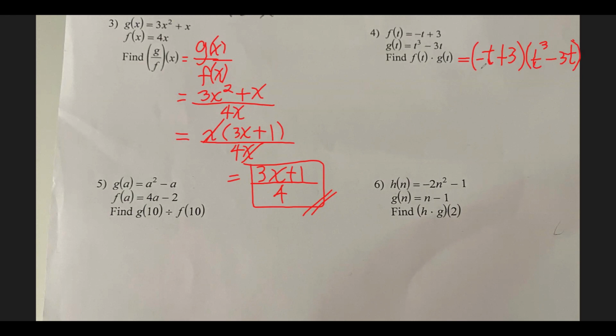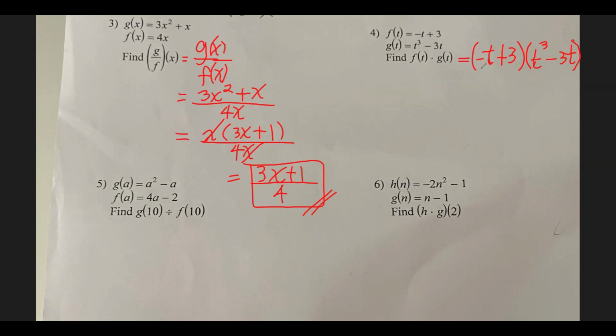So when you multiply two binomials, it's up to you if you use the distributive property or the FOIL method, which is first term, outer term, inner term, and the last term.